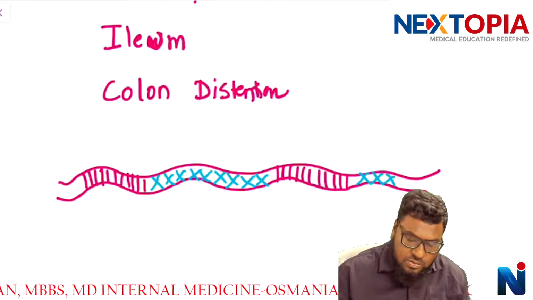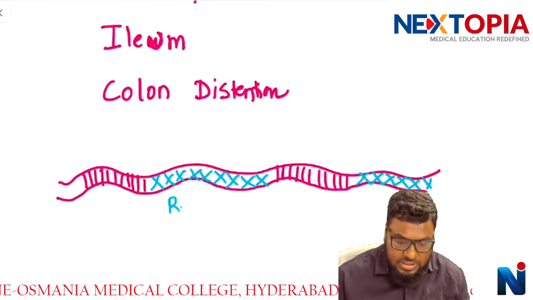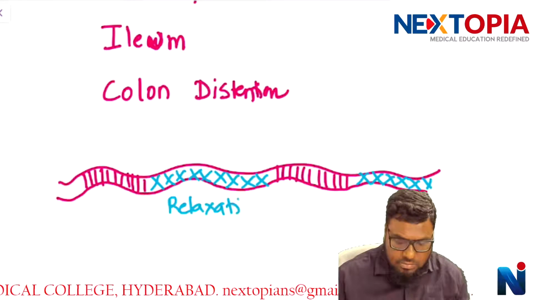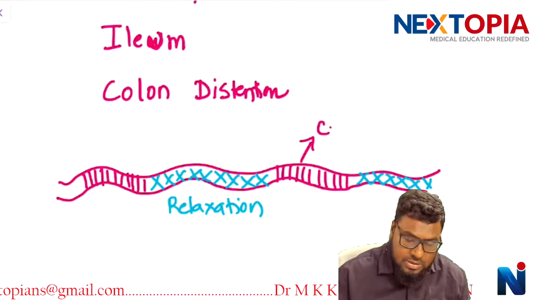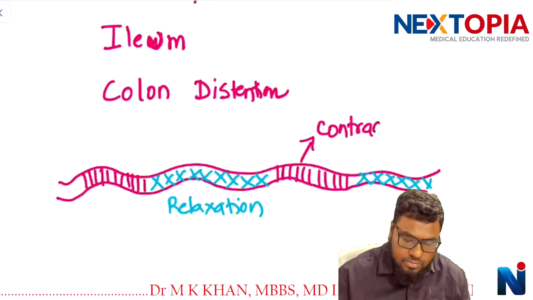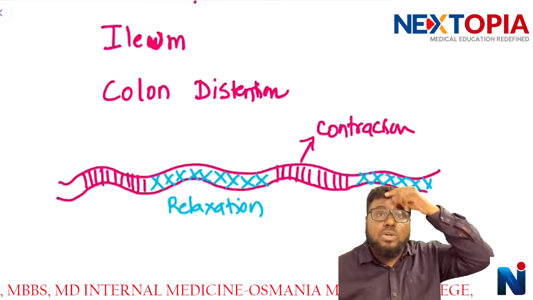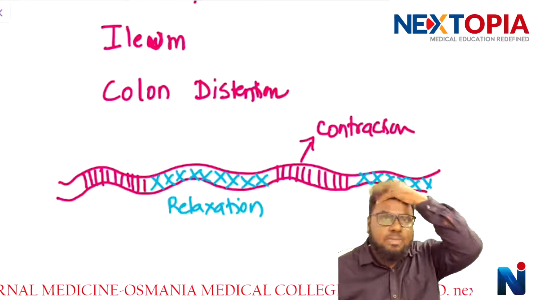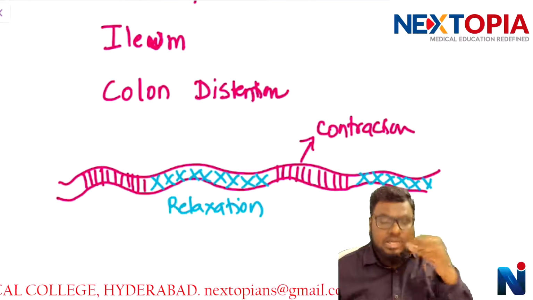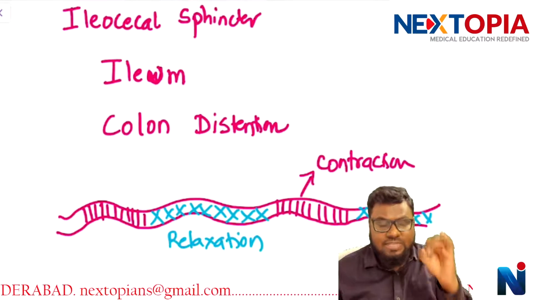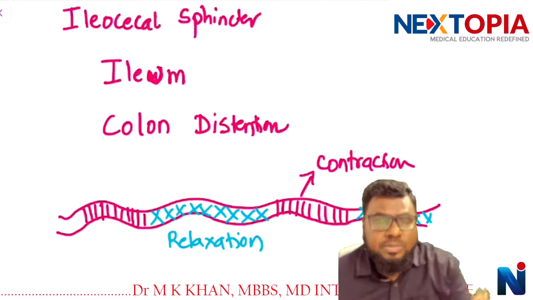So there are rhythmic areas of contraction and relaxation, so a wave of contraction preceded by relaxation, a peristaltic or propulsive wave, occurs. They are acting on three areas: the ileocecal sphincter, the ileum, and hence the beginning part of the colon.